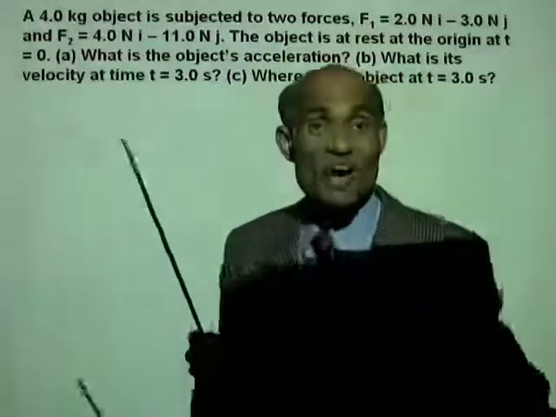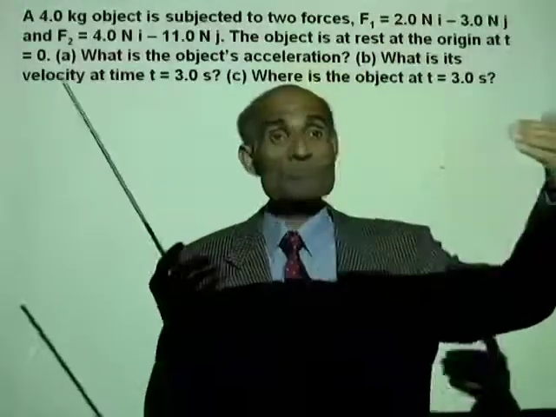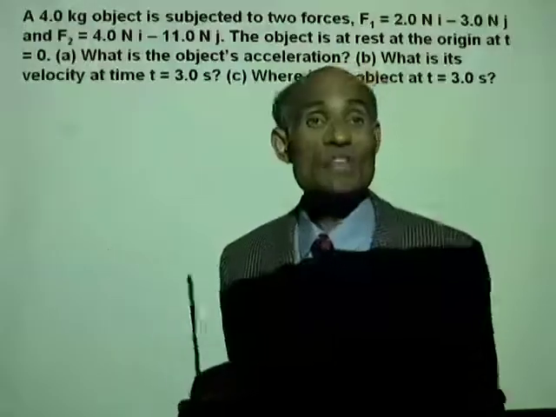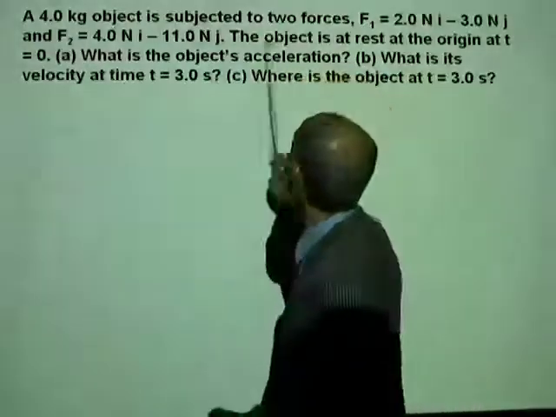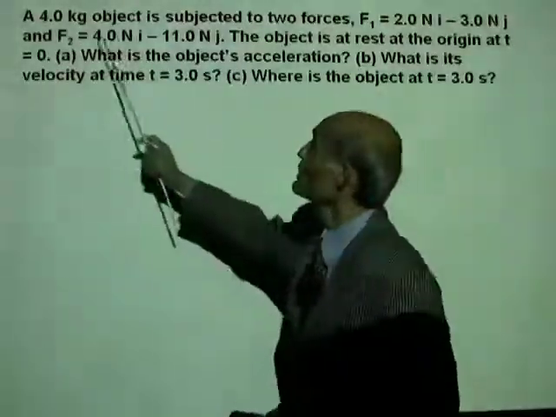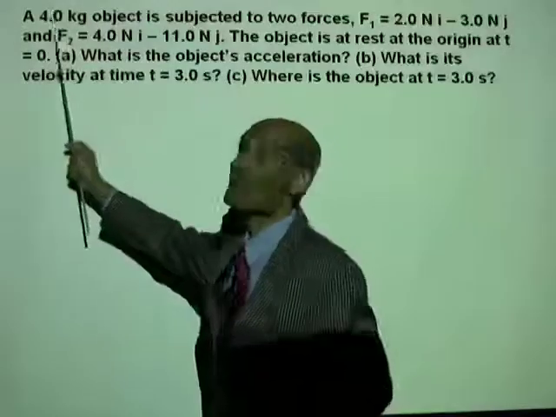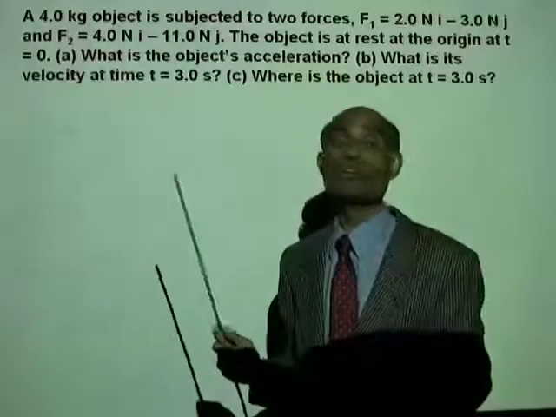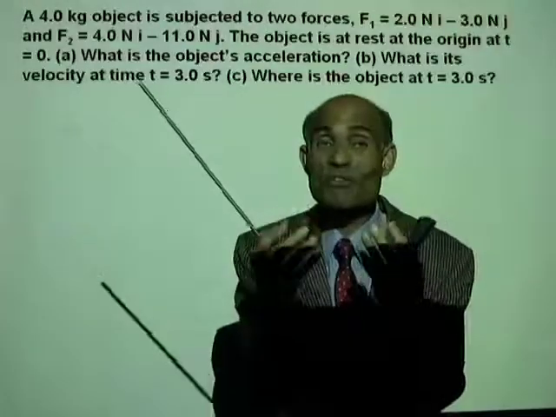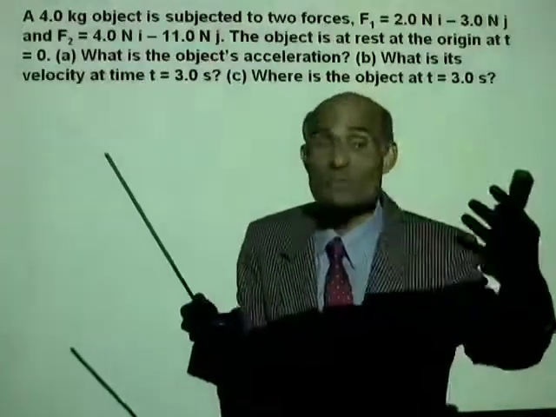You notice that these are extensions from the problems we did in Unit 1. Okay, how do we start here? We know there are two forces on a particle of mass 4 kilogram. We need to find the net force and use the net force to find the acceleration.